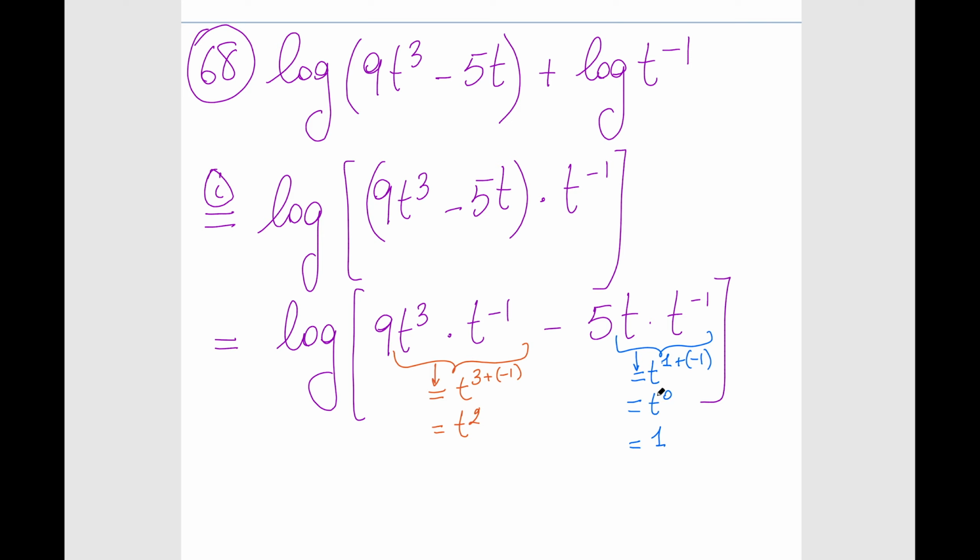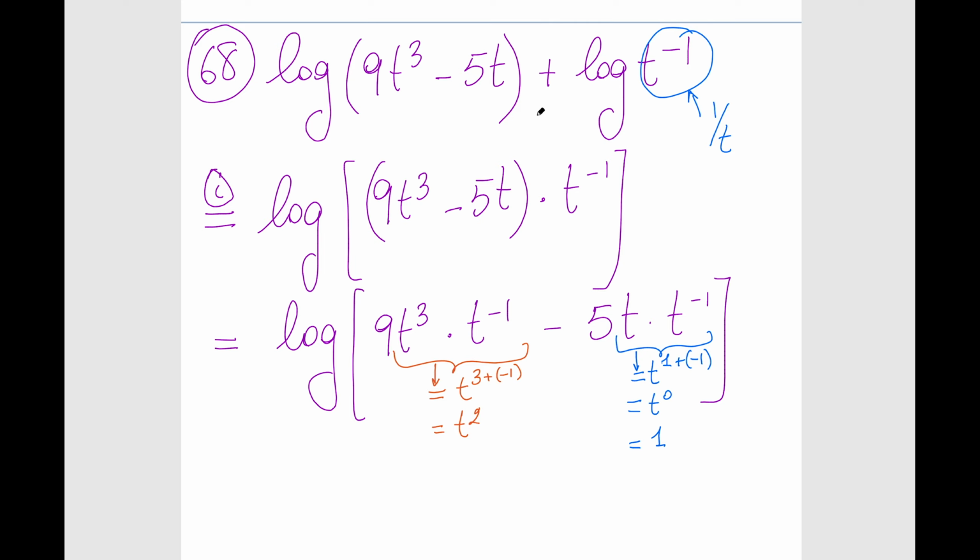You're going to tell me, how do you know that t is not 0? This would be a very good question. Well, t is not 0 because t to the power negative 1 means 1 over t, and if t is 0, this whole thing doesn't make sense anymore. So all along, t is not 0.